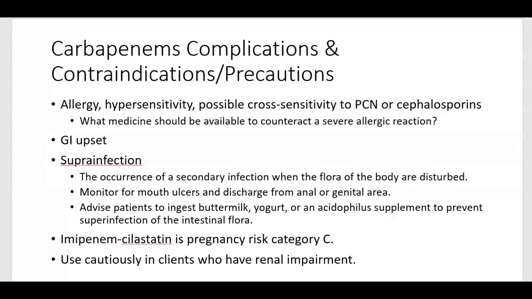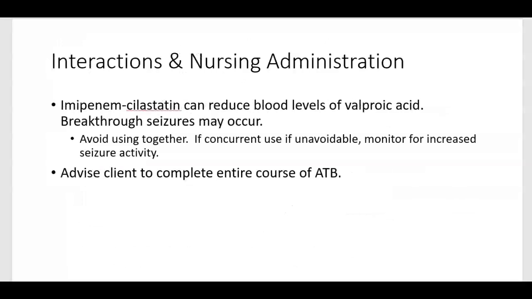We want to use the medication cautiously in patients who have renal impairment, so we want to be monitoring that kidney function. Imipenem can reduce blood levels of valproic acid, and breakthrough seizures can occur. If you remember, the therapeutic serum range for a patient with seizures who's taking valproic acid is 50 to 100.